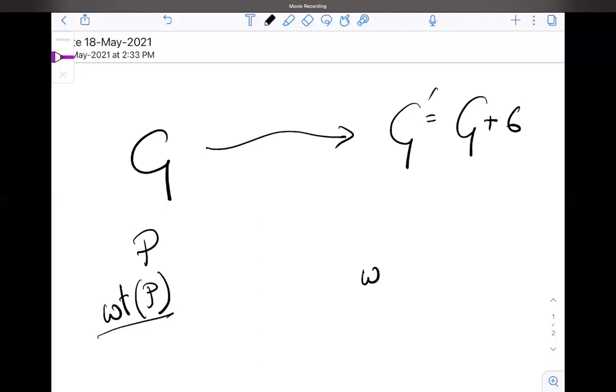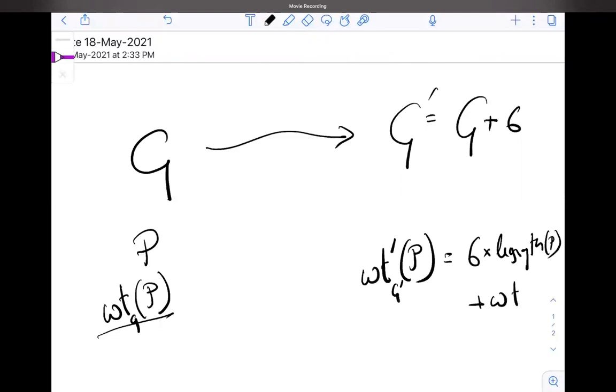What is the weight of the path in G prime? What will it be? It will be 6 into the length of the path plus the weight of the path, right?